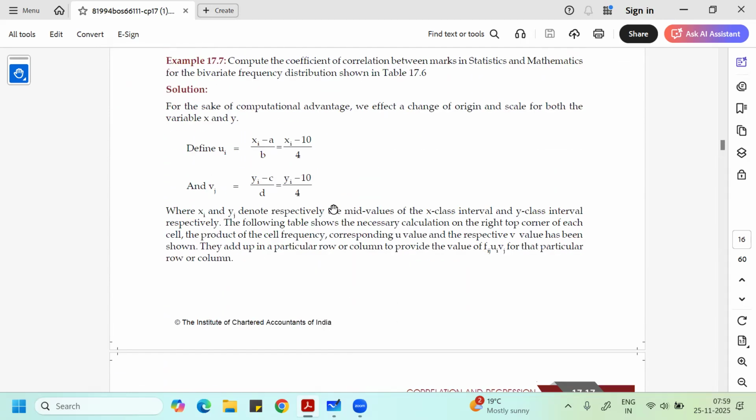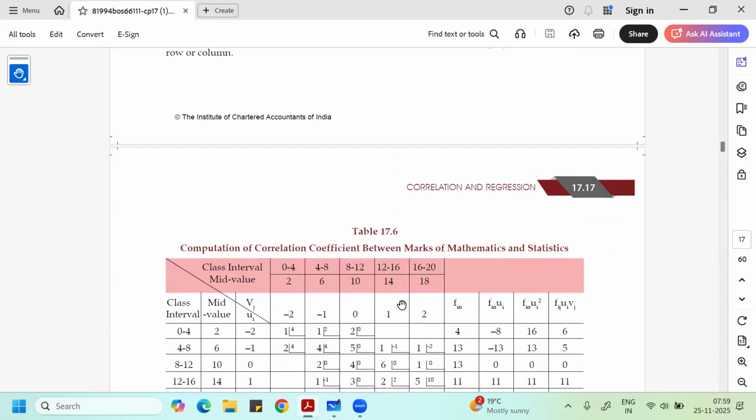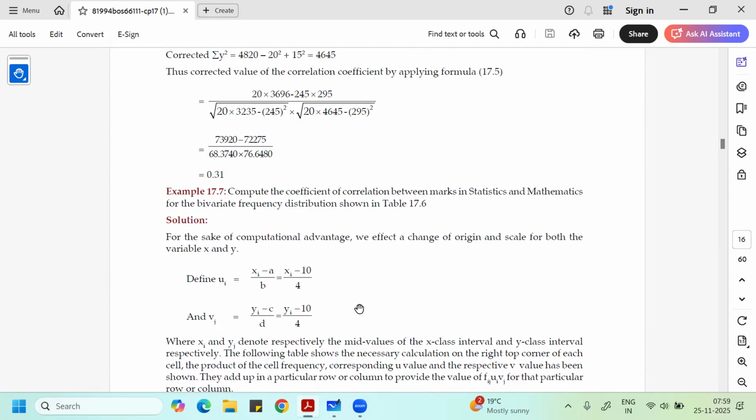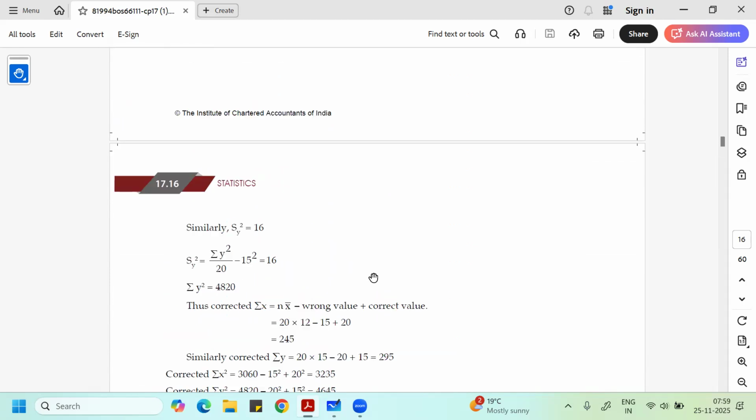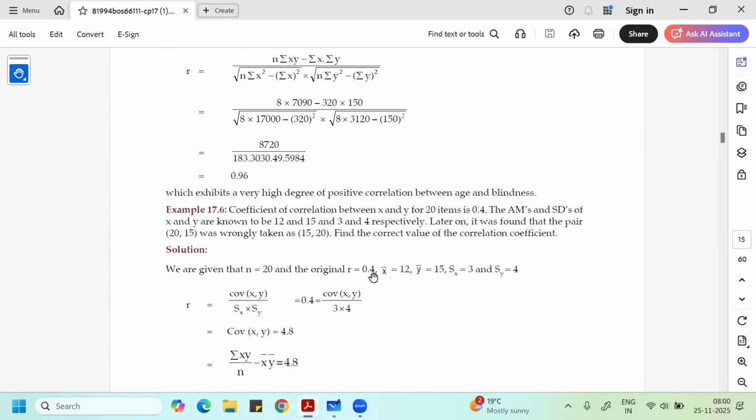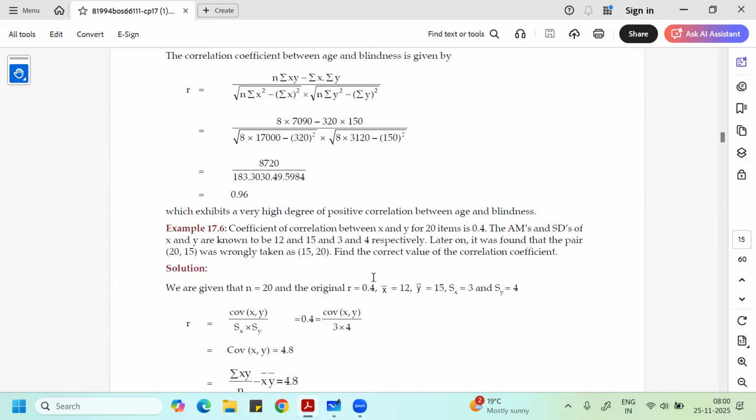And these bivariate frequency distribution numericals you can ignore. For CA Foundation level, these numericals are not important for us. Even in these kinds of questions, they are too lengthy, and you can ignore them. If you want, you can go through these questions, but I frankly suggest don't practice them because they tend to be lengthy.